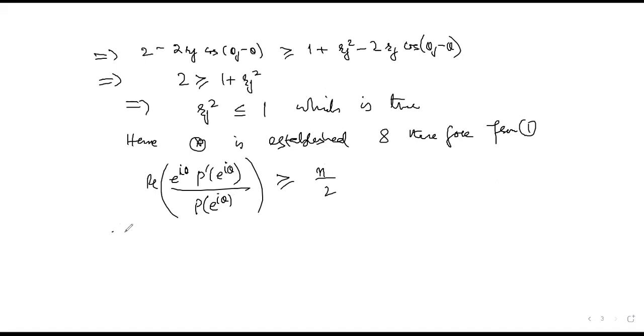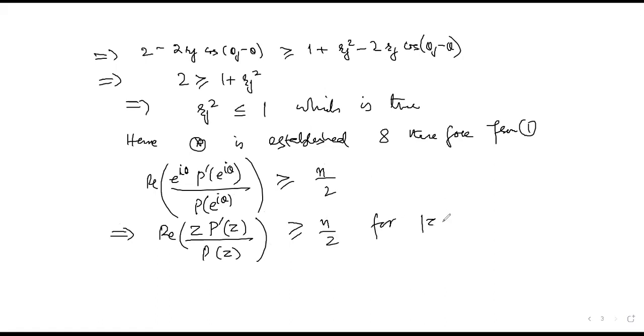So which implies that real part of z p dash z divided by p of z is greater than equal to n by 2 for mod z equal to 1.